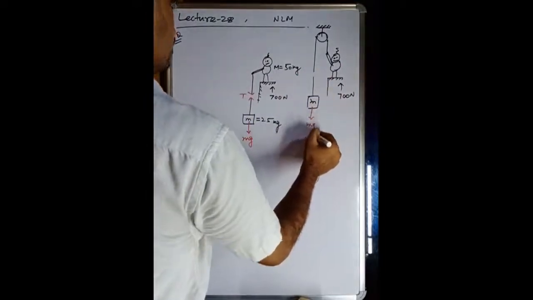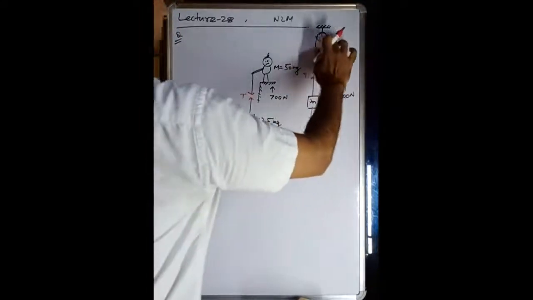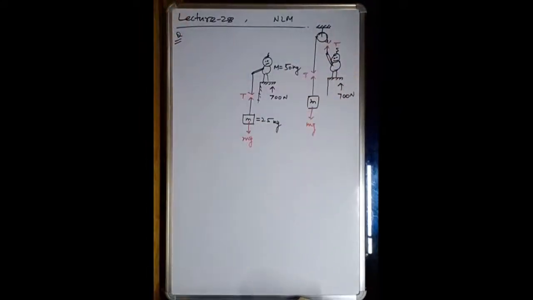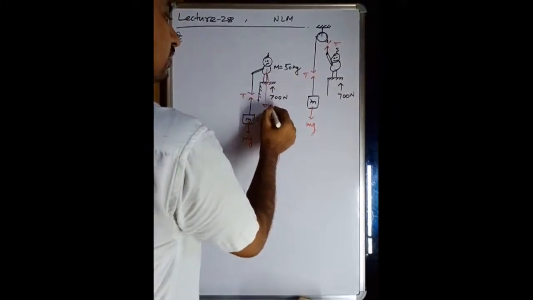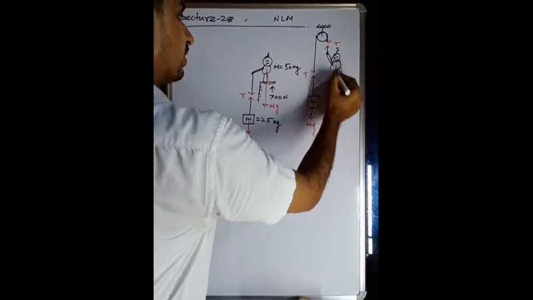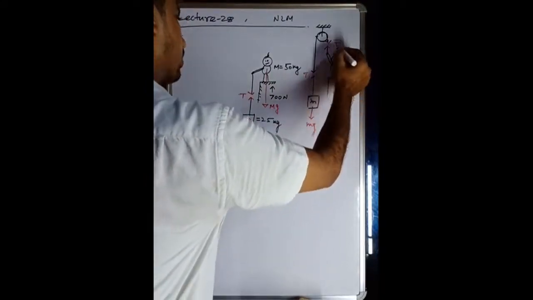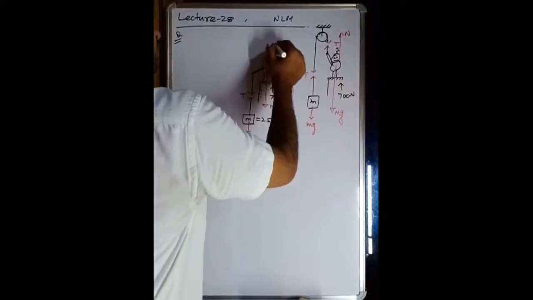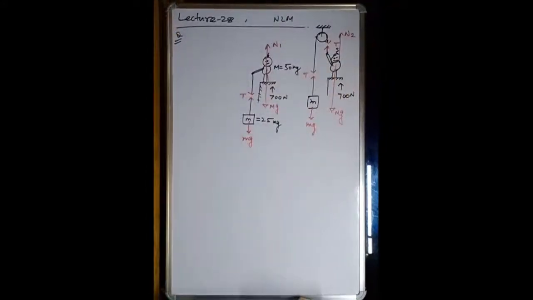Here the mg, and this is the tension T. Here you can see the tension will be T in the upward direction. The weight of the man is capital Mg. Here the weight of the man is capital Mg again. Here the normal reaction will be N1, and suppose here it is N2.